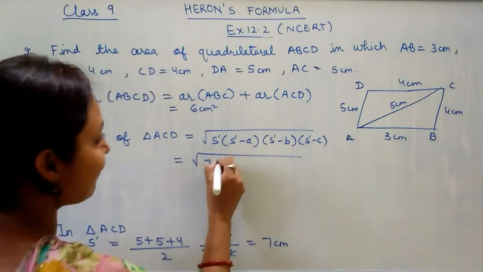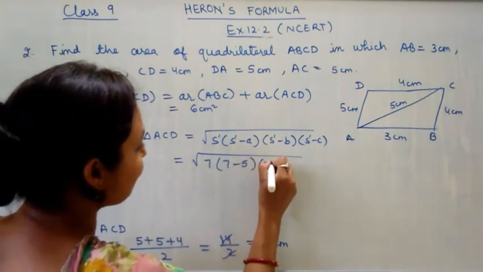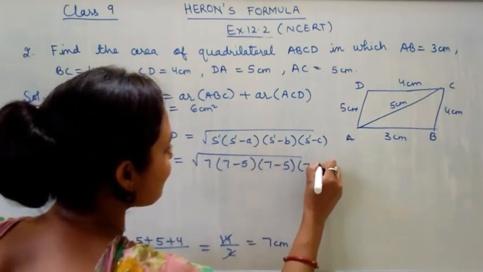That is 7. 7 minus 5, 7 minus 5 and 7 minus 4.